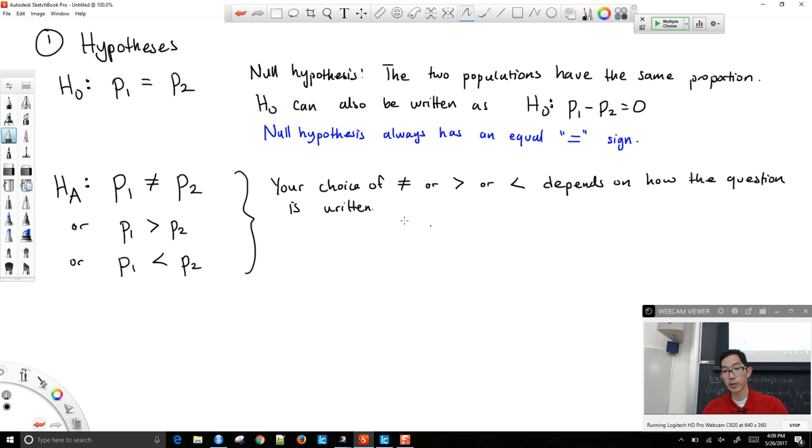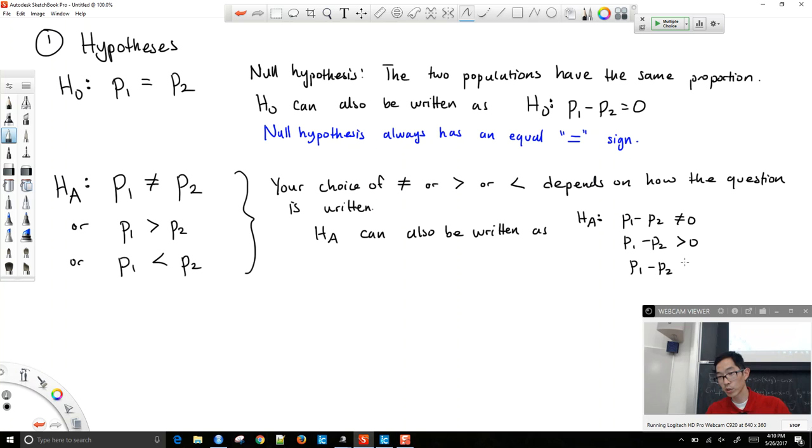The alternative can also be written as P1 minus P2 does not equal 0, or P1 minus P2 is greater than 0, or P1 minus P2 is less than 0. So that's the hypotheses.